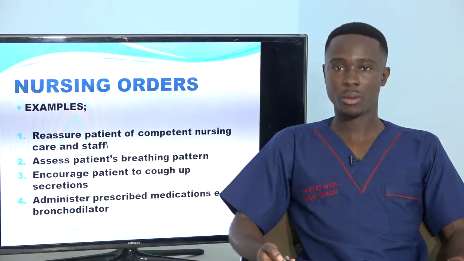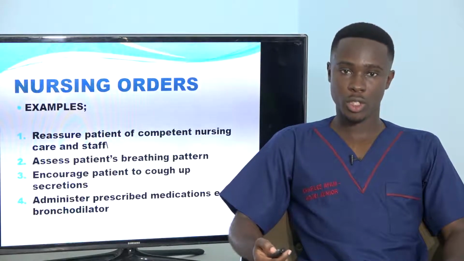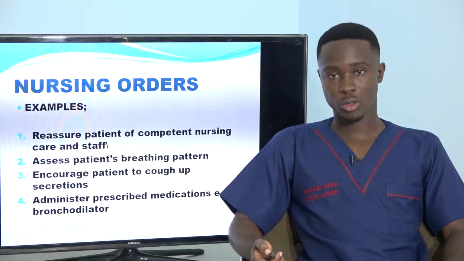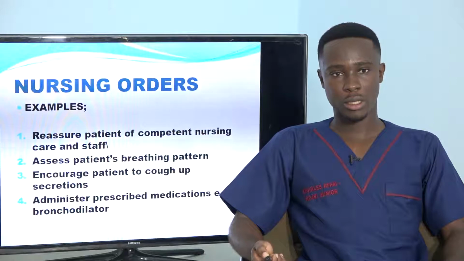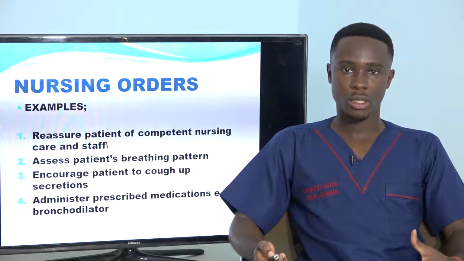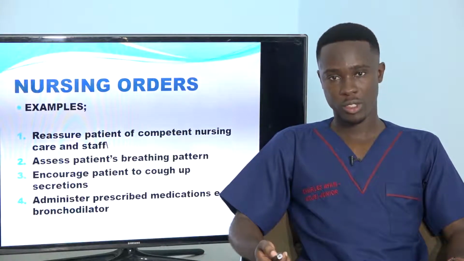That is, if the breathing problem is caused by fluid in the lungs or in the respiratory tract, you encourage patients to cough up secretions. Then you administer prescribed medications, like bronchodilators. When you give bronchodilators, that will open up the lungs and help the lungs expand and help the patient breathe effortlessly.